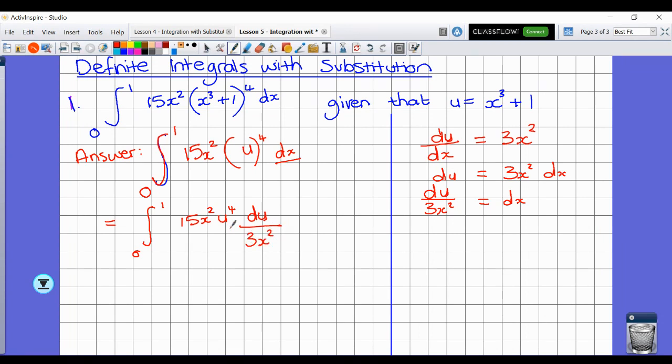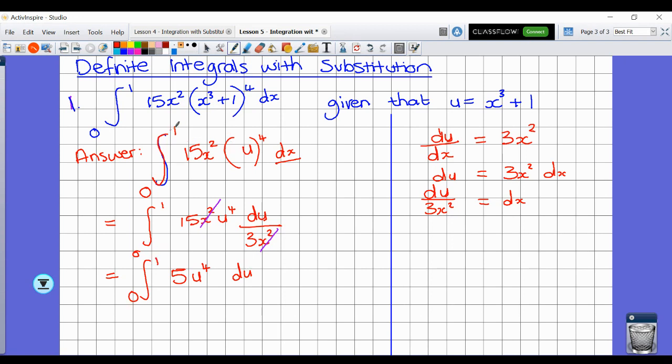That's actually worked out quite nice for us, because I've got an x squared up here and an x squared down there, so they cancel off with each other. You've also got a 15 over 3, so 15 divided by 3 gives you 5u to the power of 4 du.